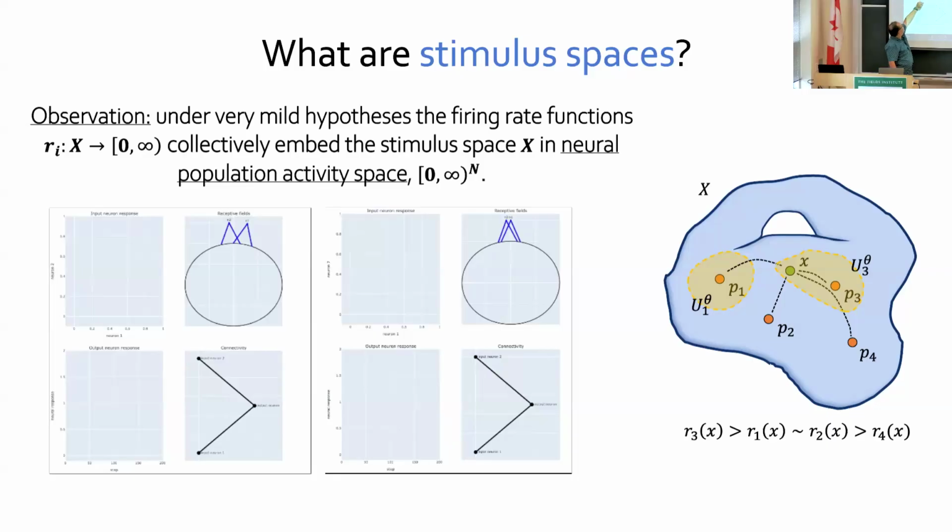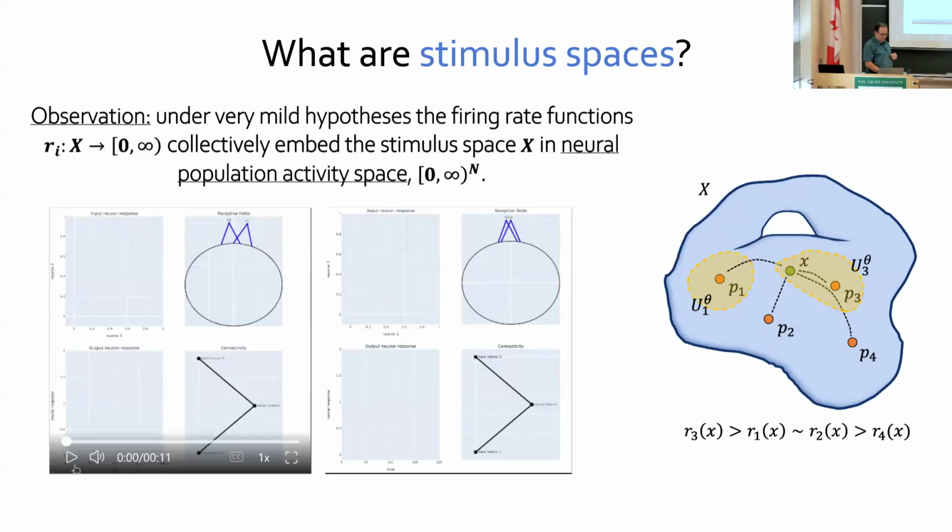So this is the input neuron response and the output neuron response. The input neurons are just those two neurons, and the output neuron is the sum of those two. And I just want you to pay attention to the input neuron response, because that's the thing I'm interested in showing you here.